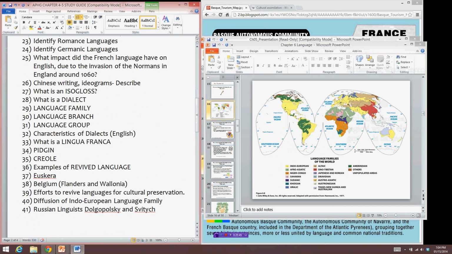Nonetheless, I want you to know that those are some of the same characteristics that differ among all dialects. Dialects are, like I said, regional variants, and so from place to place, over time, those dialects are going to stand out and become different, even though they are the same language.